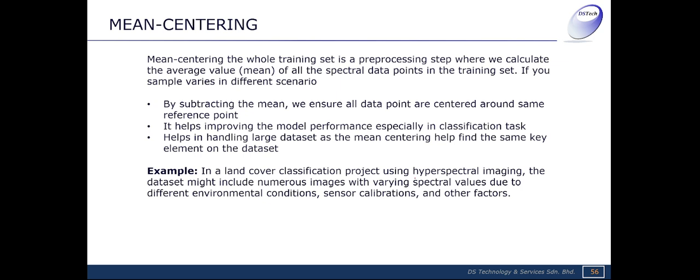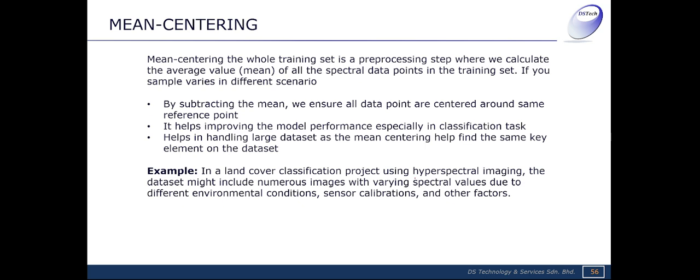Min centering is the whole concept of centering. Let's say your specific wavelengths work around this, and you generally want to find the mean of your total spectrum and then do your comparison. Let's say you have different conditions.